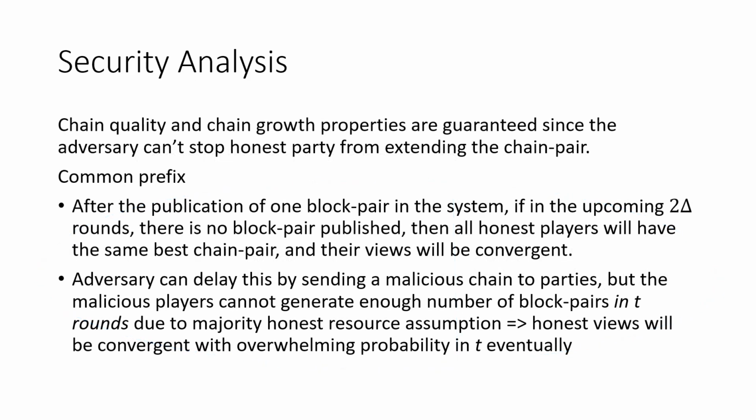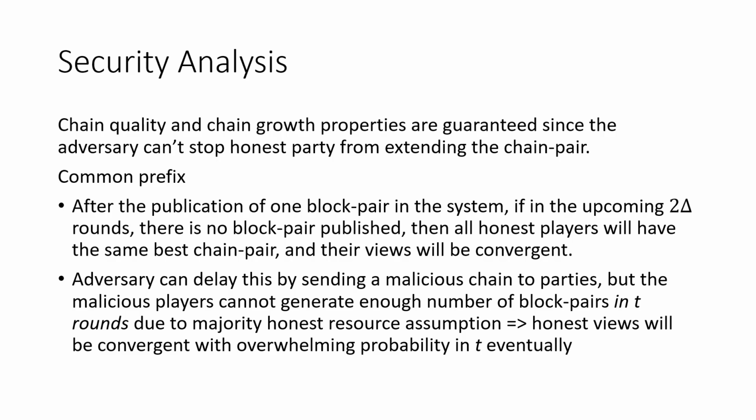Under this assumption, we can easily show that our two-hop protocol achieves the chain quality and chain growth properties because the adversary cannot stop honest players from creating new block pairs, extending the chain pair.